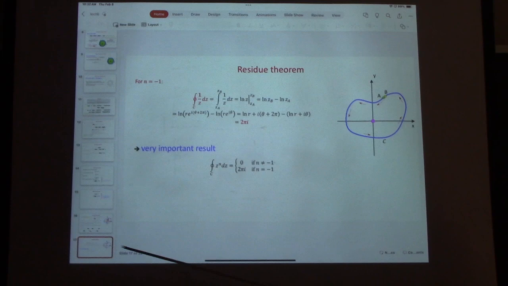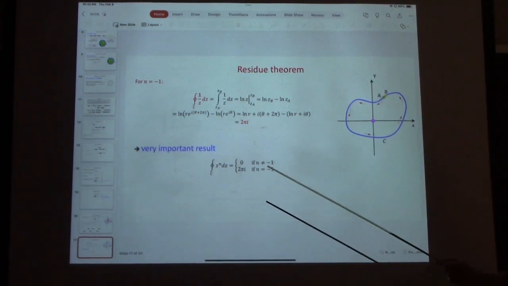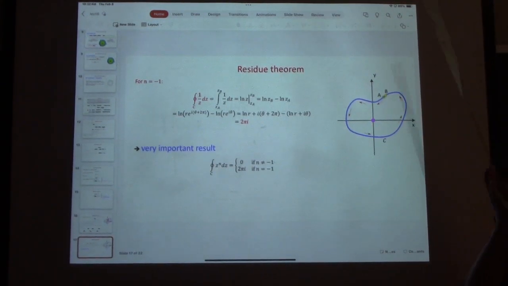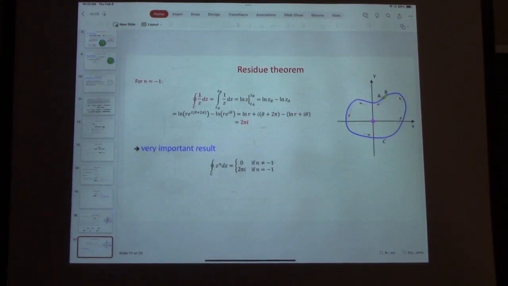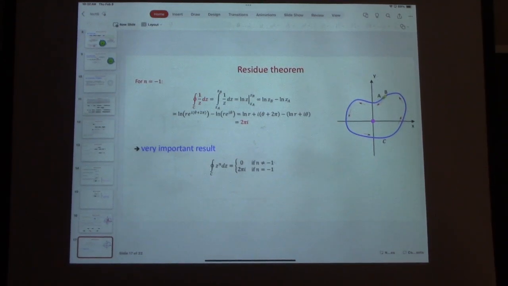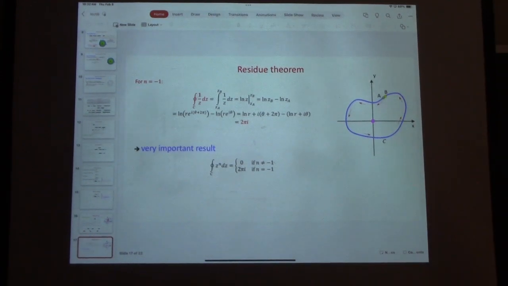So now we have the very important result: when you integrate z to the power n, you get 0 as long as n is not -1. If n is -1, you don't get 0, you get 2 pi i. This is very, very important.